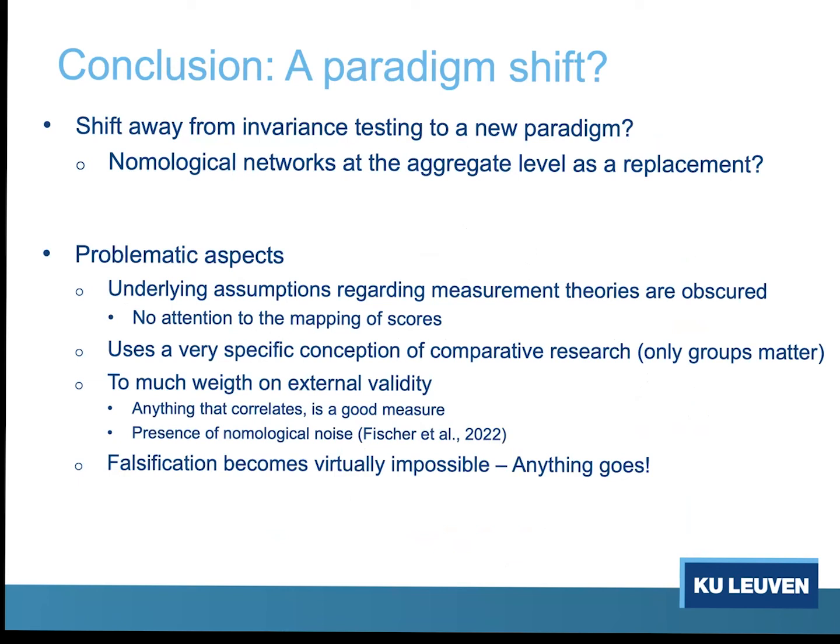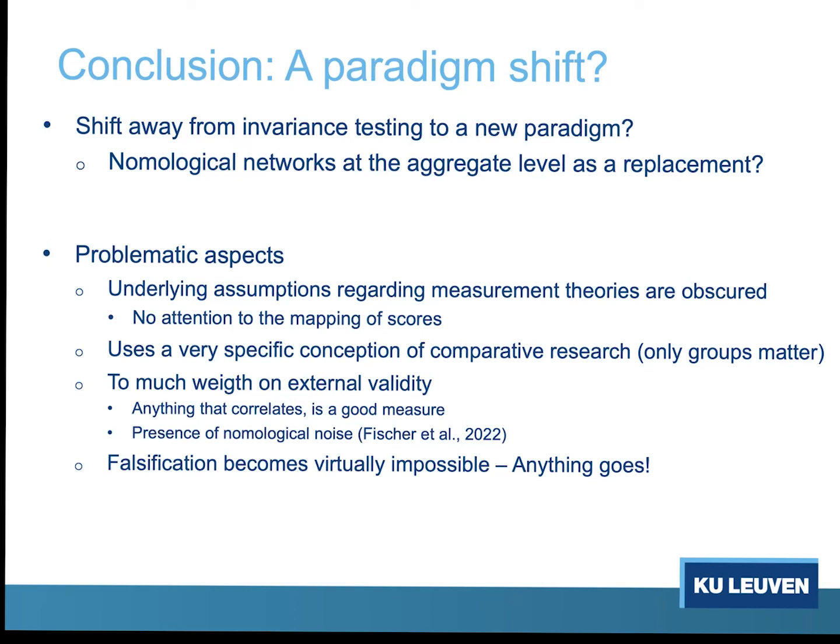So if you think about external validation at the aggregate level, there also you assume all kinds of measurement theories, but you don't make any attempts to really test them, right? So there is no attention to how scores are mapped. And in fact, you could say it makes the measurement theories less transparent. We are less inclined to talk about it, right?